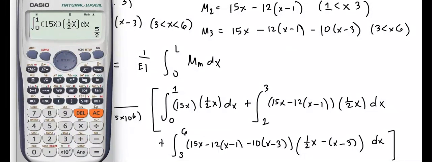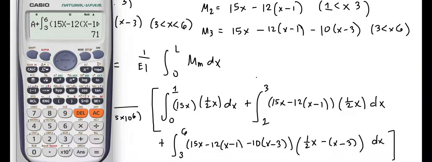For the first integral, we store this to the variable A, and then add this up to the next integral. And then storing this to the variable A, we add this up to the last integral. We have 71.